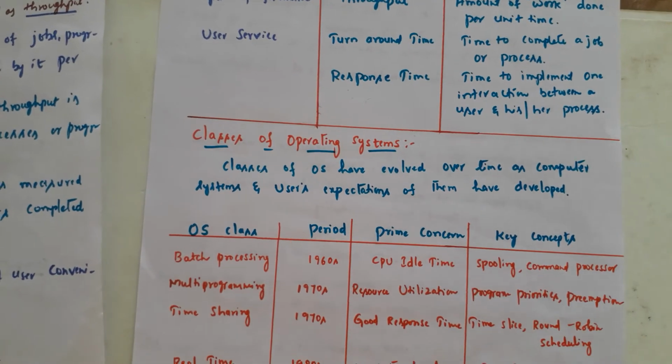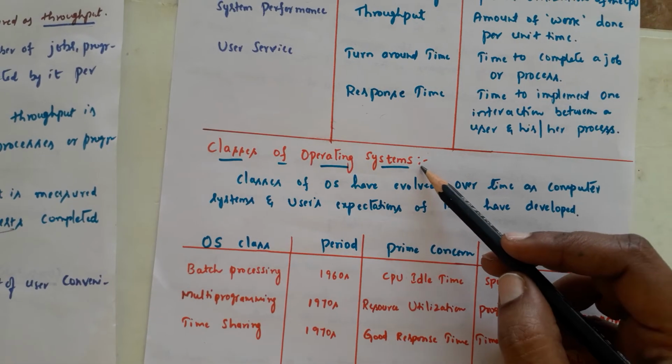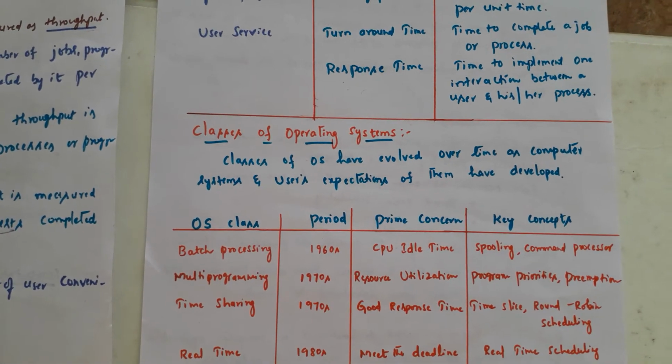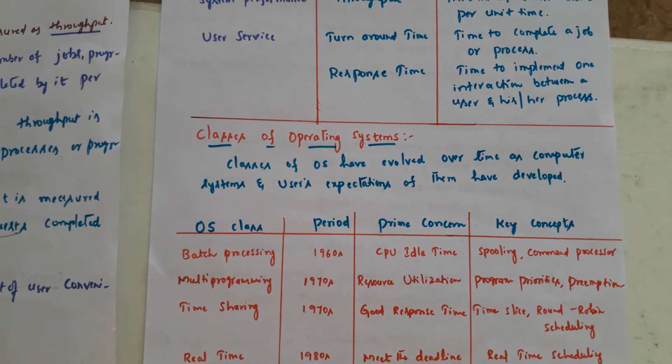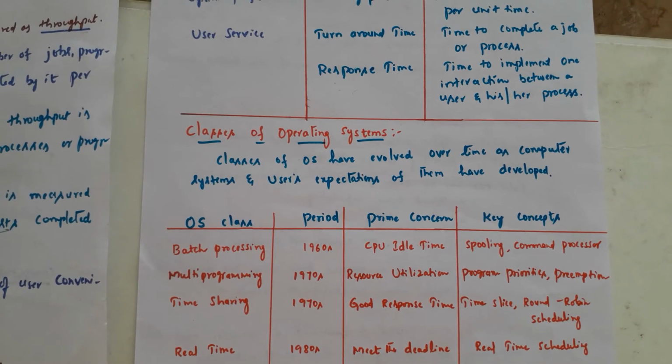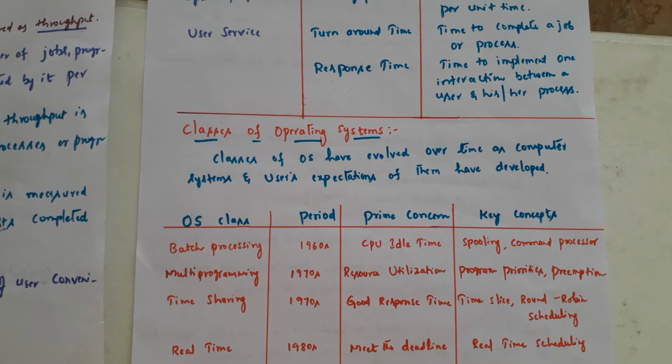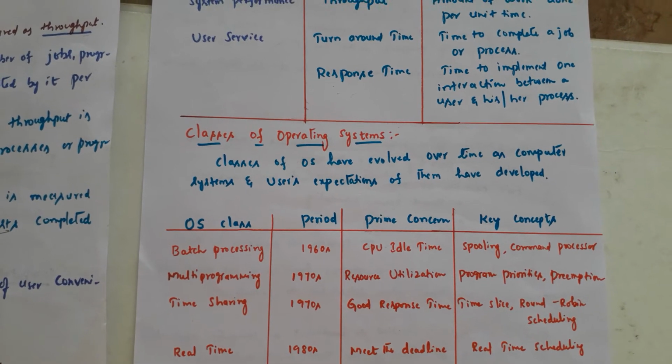Now let us go to the next topic, classes of operating systems. These classes of operating systems have evolved based on prime concerns or deficiencies we looked at.